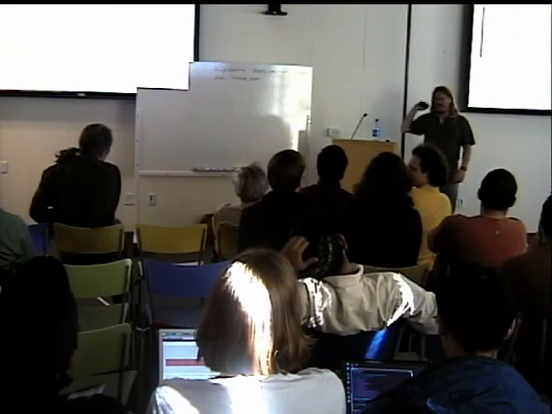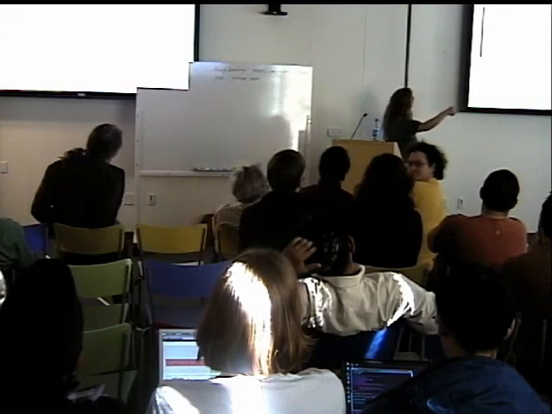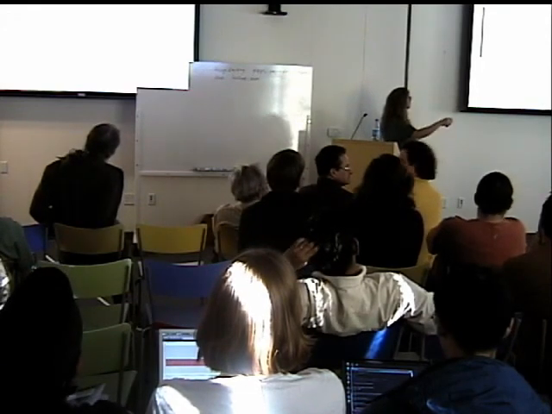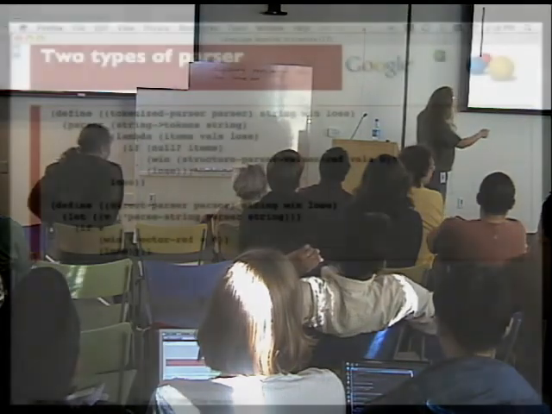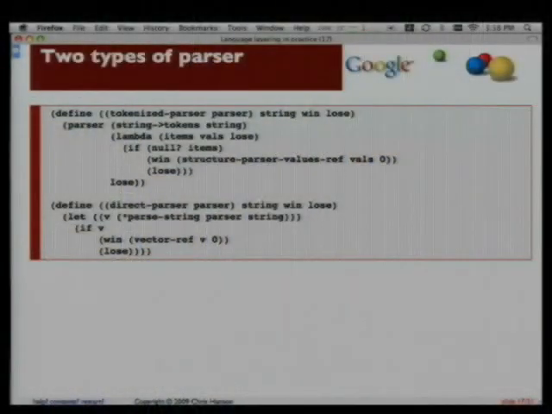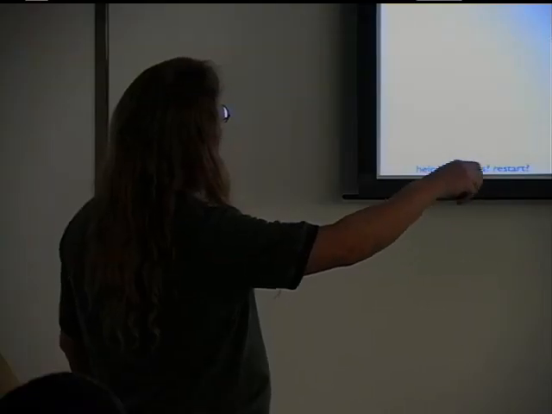So we want to have two different ways of dealing with things. We have a tokenized version, and we have a non-tokenized version. The only difference really is that the tokenized one is going to use a tokenization process called string arrow tokens, and then it's going to pass that to a parser that is a structure parser, and the structure parser will do its thing. Here's an example of the abstract result syntax, basically.